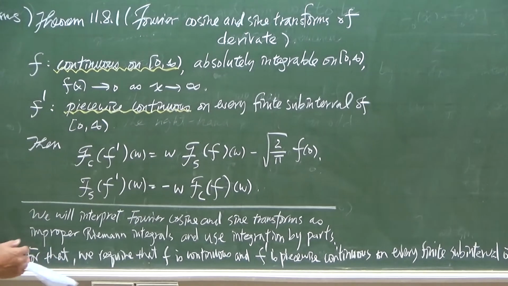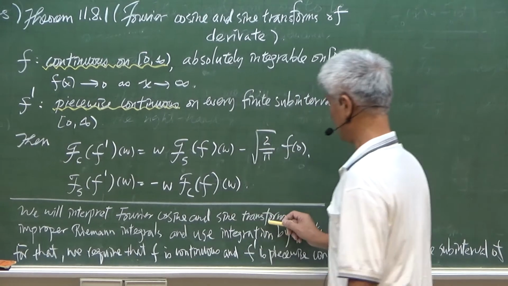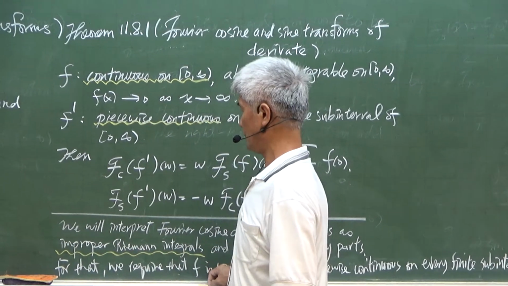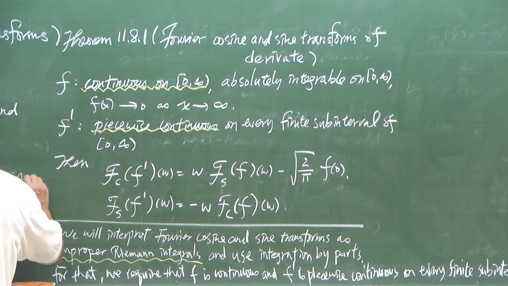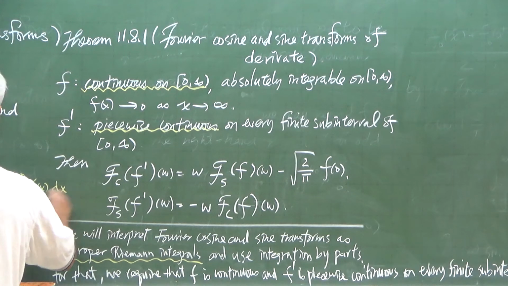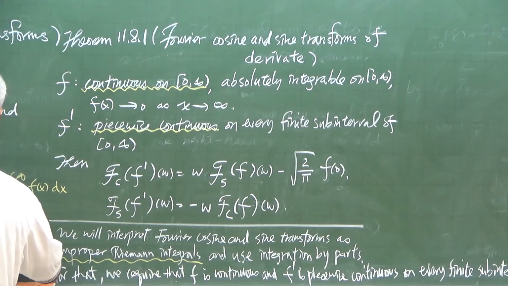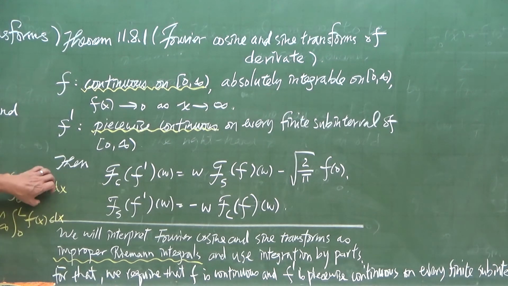So the technique is that we interpret the Fourier cosine and sine transforms as improper Riemann integrals. Improper Riemann integral means that we evaluate the integral on a finite interval from 0 to L, and then let L go to infinity.